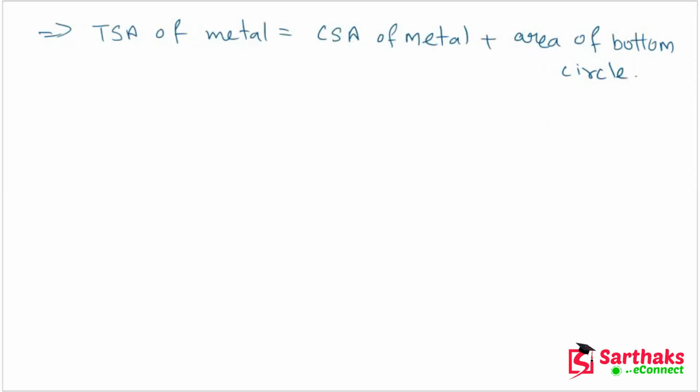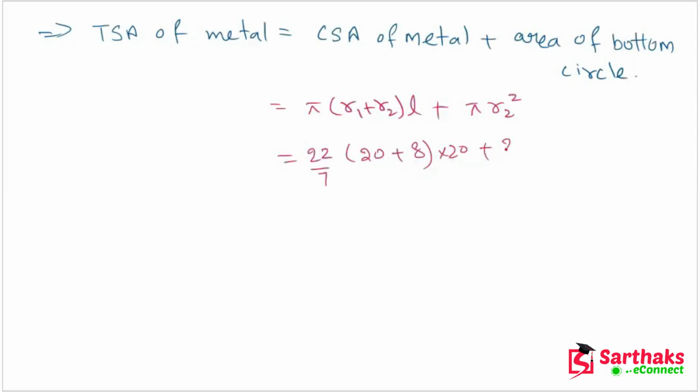Now, what is the CSA of metal? We know that CSA of frustum is pi into (R1 plus R2) into L, plus area of bottom circle is pi into R2 square. So this is 22 upon 7 into (R1 is 20 plus R2 is 8) and L is 20, plus 22 upon 7 into 8 square.